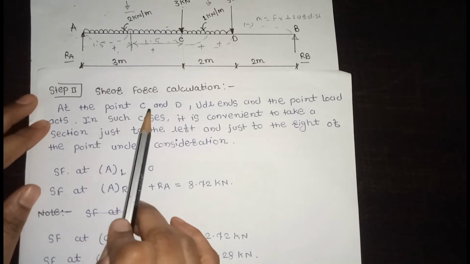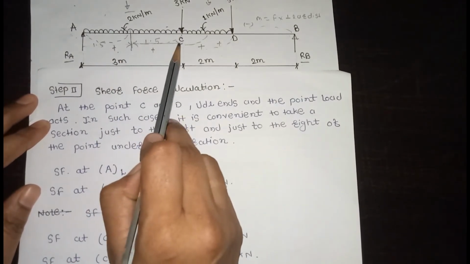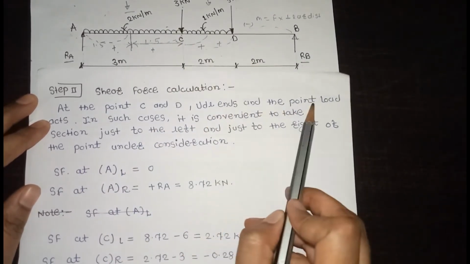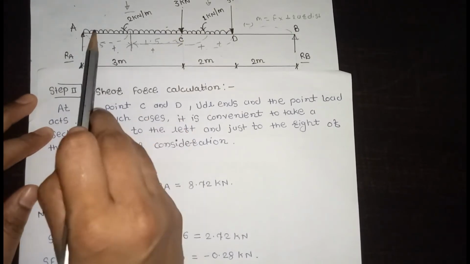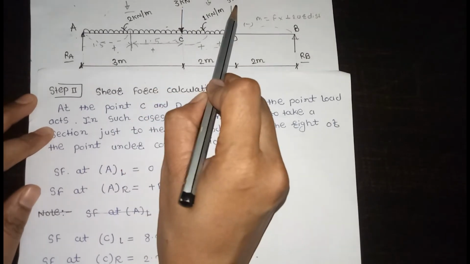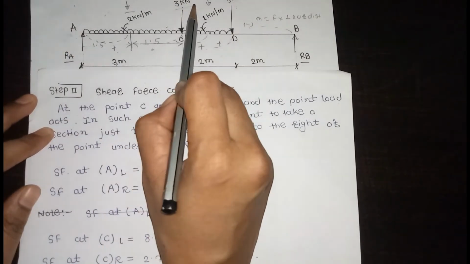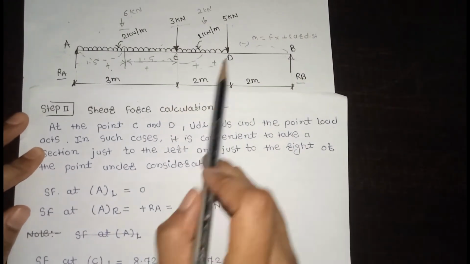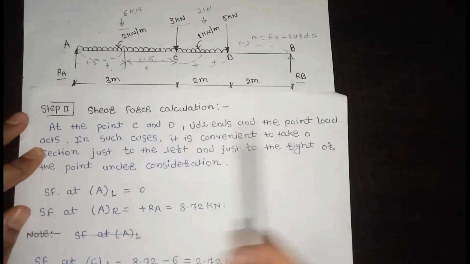At points C and D, the UDL ends and a point load acts, meaning 3 kilonewton and 5 kilonewton. First the UDL ends at point C and a 3 kilonewton point load acts, and at D a 5 kilonewton point load acts.